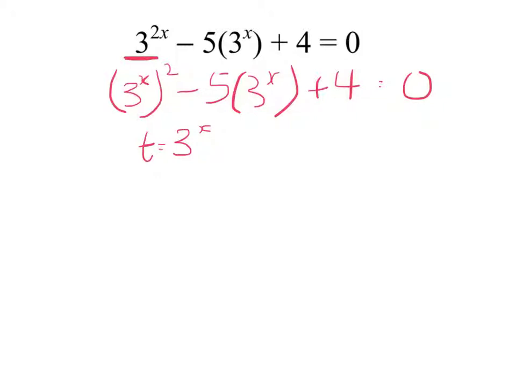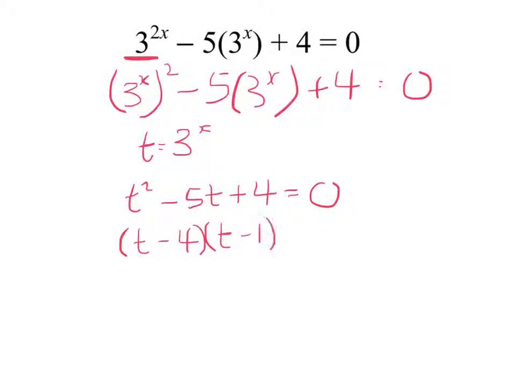And so when we put that in, we get t squared minus 5t plus 4 equals 0. Then we factorize that as t minus 4, t minus 1 equals 0. Therefore, t equals 1, 4.